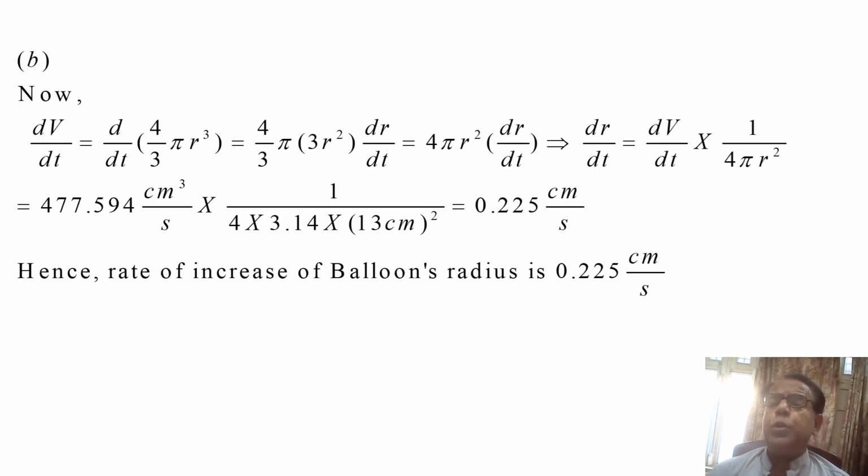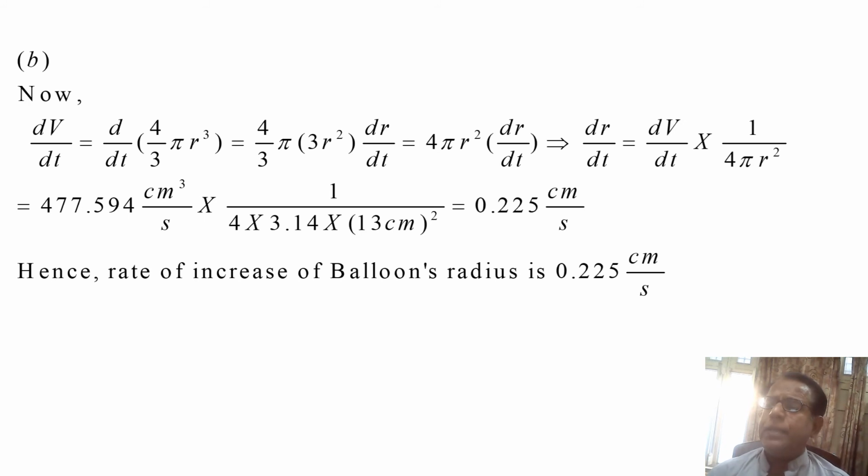Part B. Now dV/dt is equal to d/dt of 4/3 pi r cubed, which is equal to 4/3 pi into 3r squared into dr/dt, which is equal to 4 pi r squared dr/dt. This implies that dr/dt will be equal to dV/dt into 1 over 4 pi r squared, because dV/dt is equal to 4 pi r squared dr/dt.